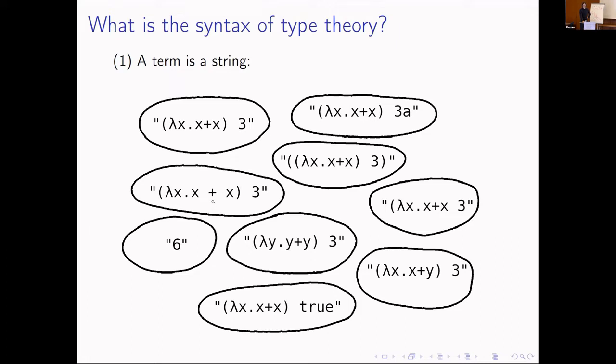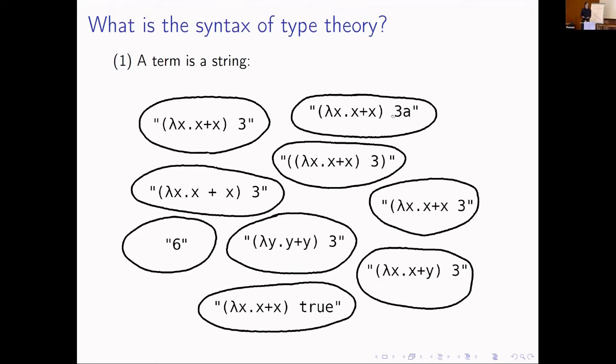These spaces seem a bit too much information, so we might want to say that these two terms should be the same because they only differ by the extra spaces. Or another thing that we might say is that this 3a is not a proper input for this function. What is 3a? It's not even a number, so this should be excluded.